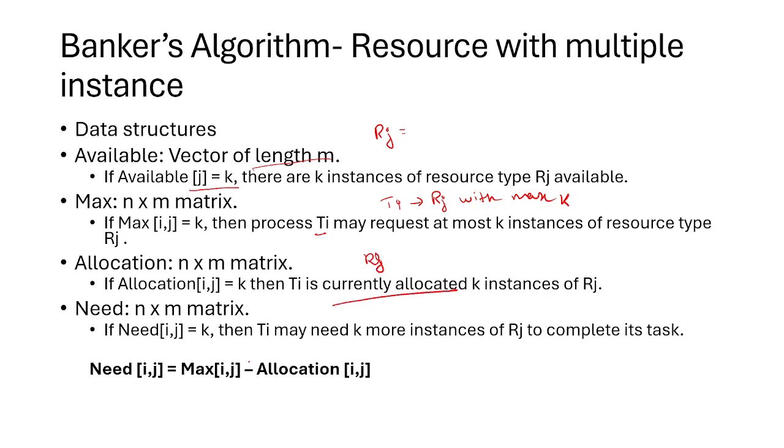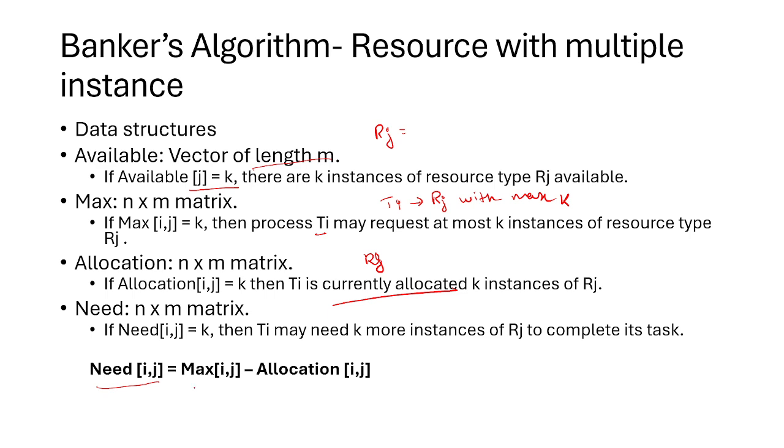Now Need is also an n cross m matrix. Need[i][j] = k means that thread Ti may need k more instances of resource Rj. So if the Max and Allocation are given for a particular thread, we can calculate the Need.